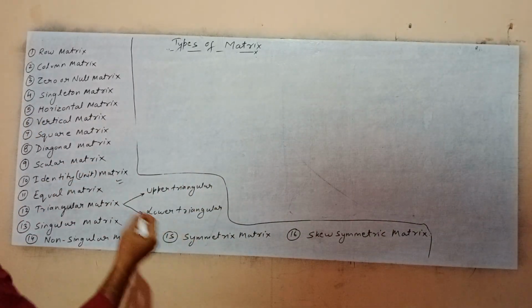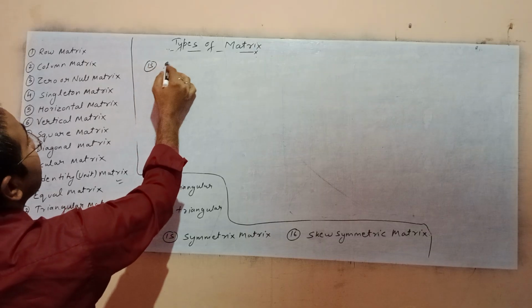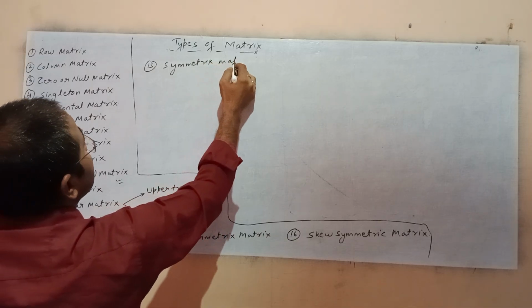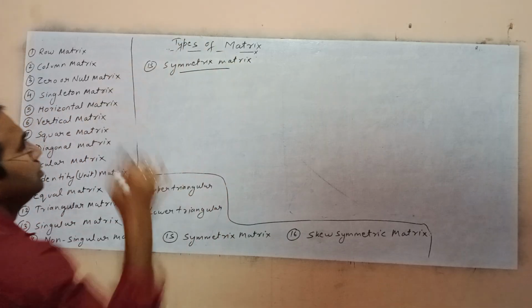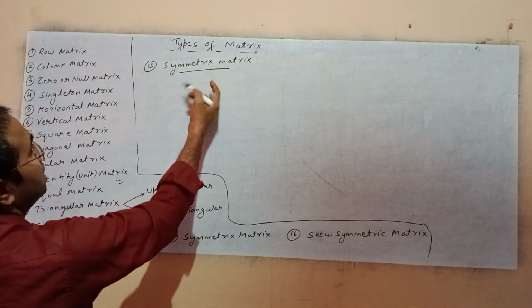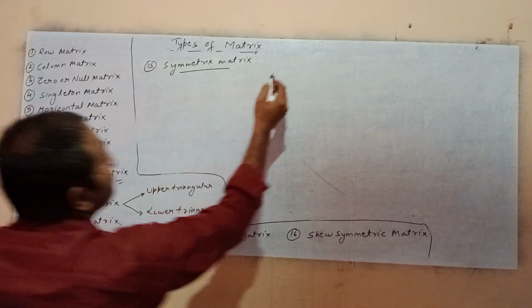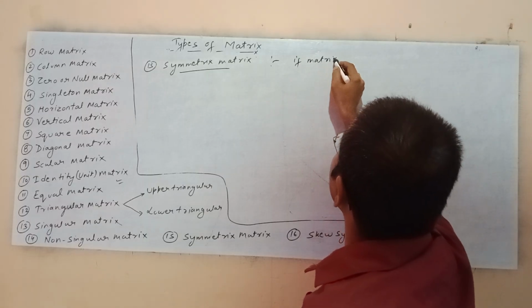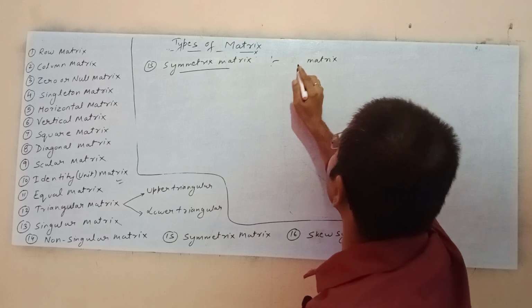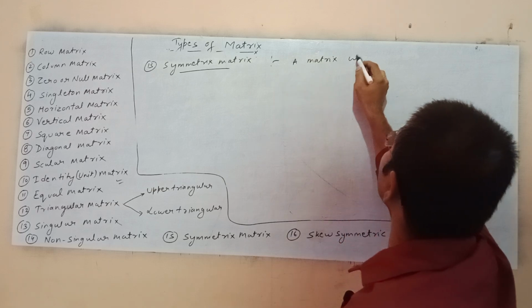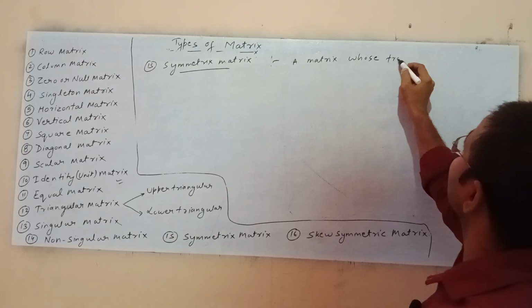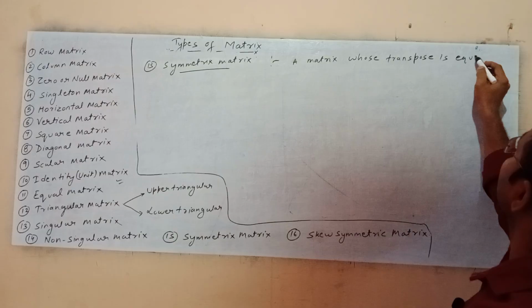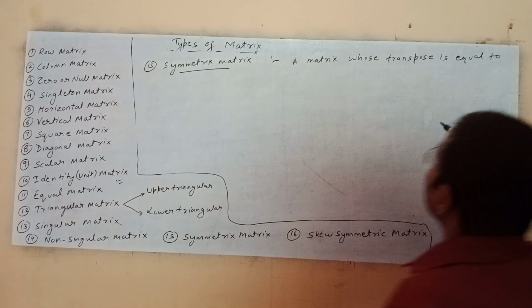So skew symmetric means here, symmetric matrix. Symmetric matrix means a matrix whose transpose is equal to itself.